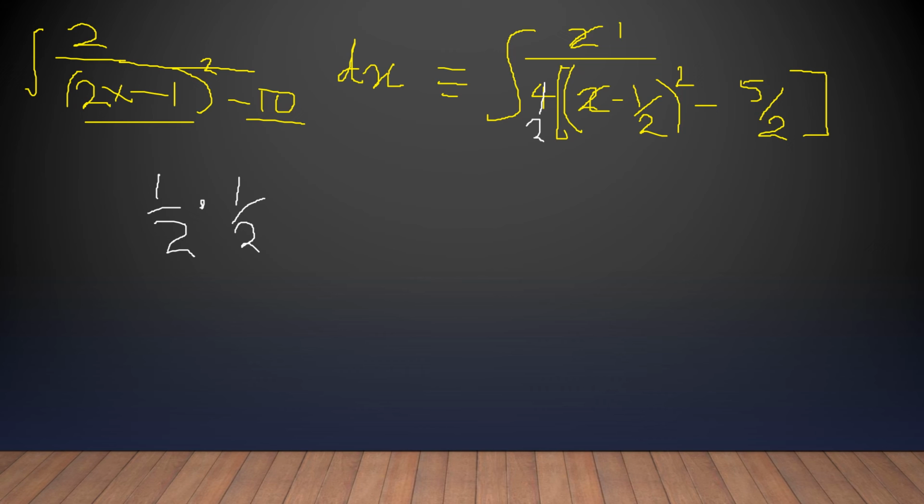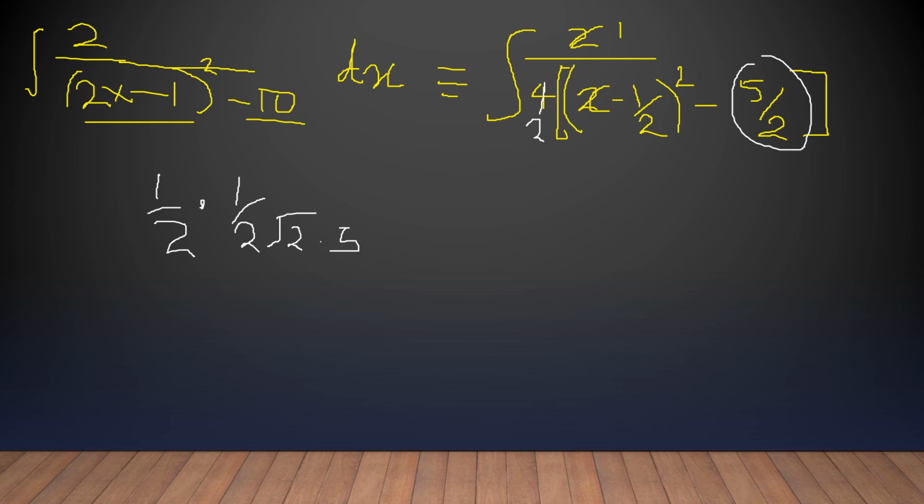Our a in this case is a squared, so a is the square root of this, so half a root 2.5.